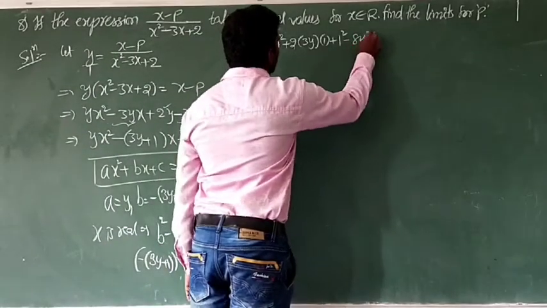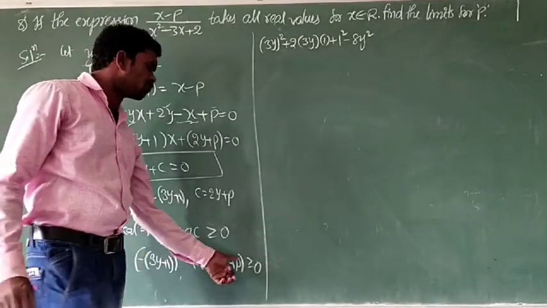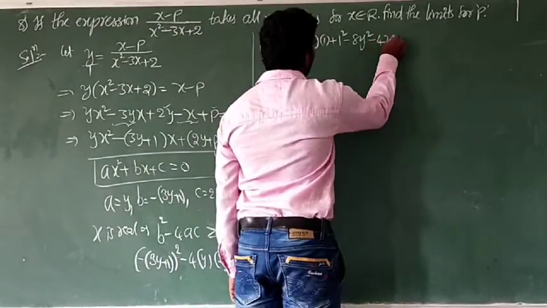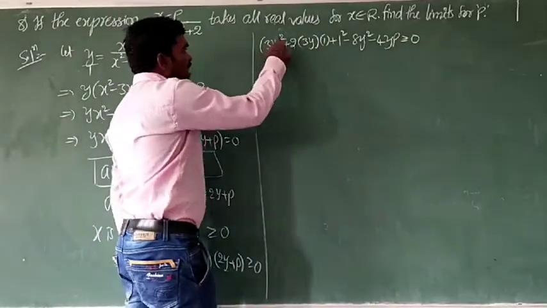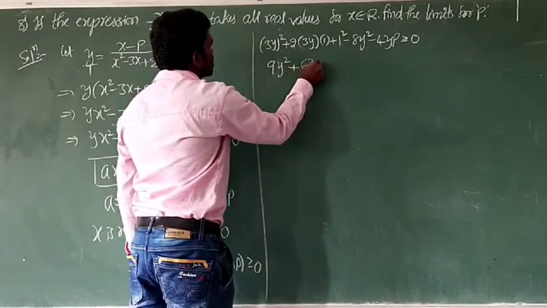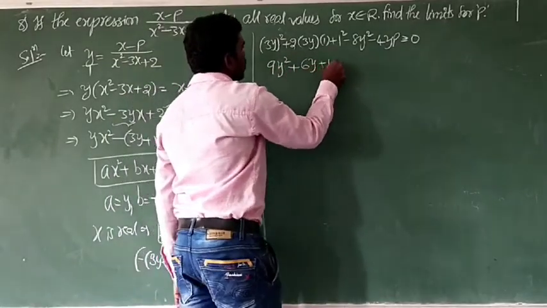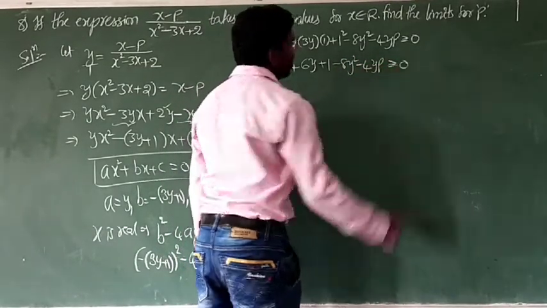Minus 8y square, minus 4y into p, minus 4yp is greater than or equal to 0. So now 3 square means 9, y square means y square. So 9y square plus 2 into 3 is 6y, and 1 square means 1, minus 8y square minus 4yp is greater than or equal to 0.